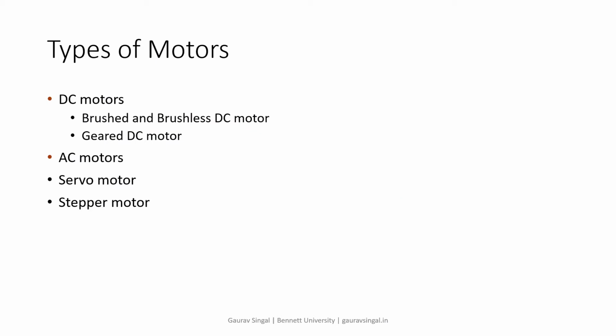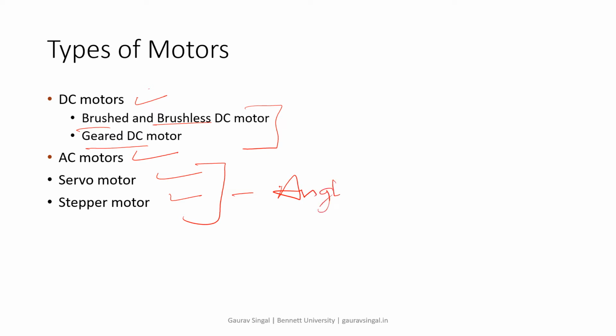Next, we can see type of motors. So I think we have already covered. So DC motor, direct current, alternate current, servo and stepper. DC have different variety, brushless and brushed motor and geared motor. Okay, so servo and stepper basically used if you want to move it for particular angle of movement.